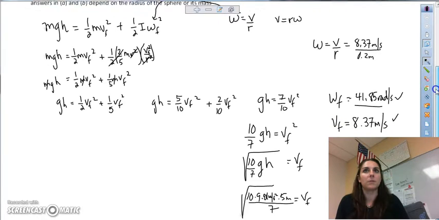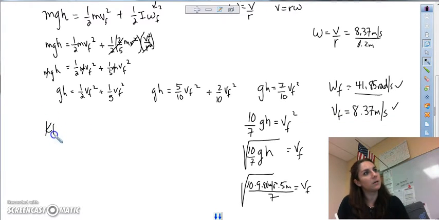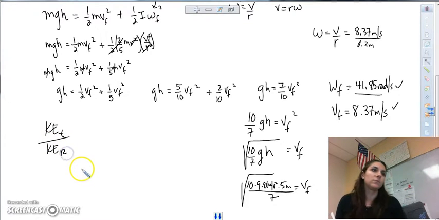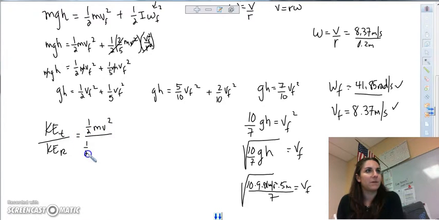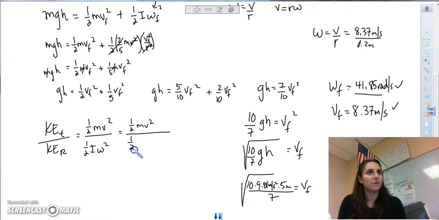It's basically asking translational kinetic energy to rotational kinetic energy, so we're essentially doing 1/2 mv squared versus 1/2 I omega squared. Let's apply what we did earlier to this situation. So I get 1/2 mv squared, that's straightforward.